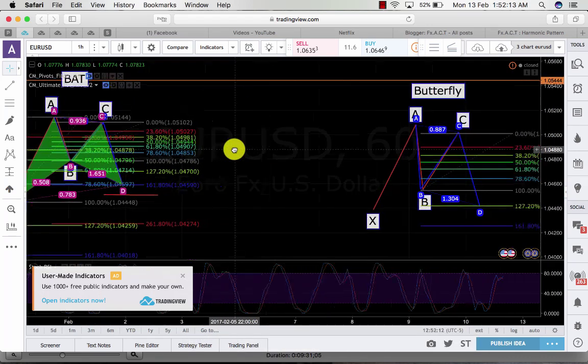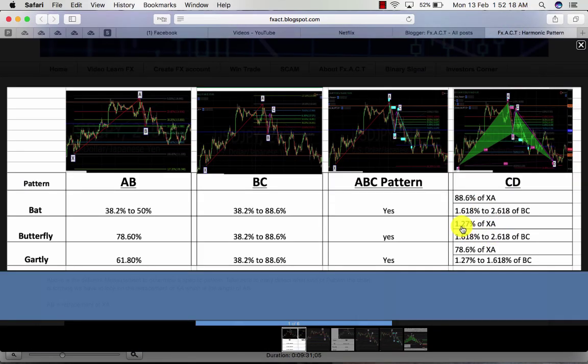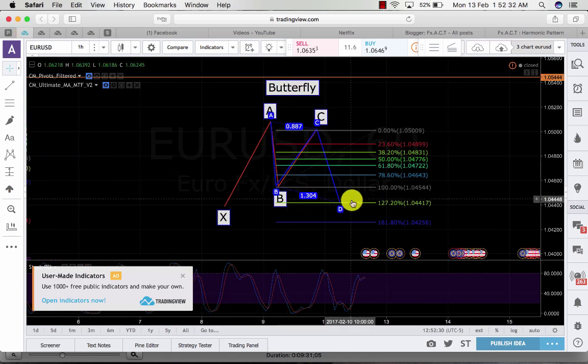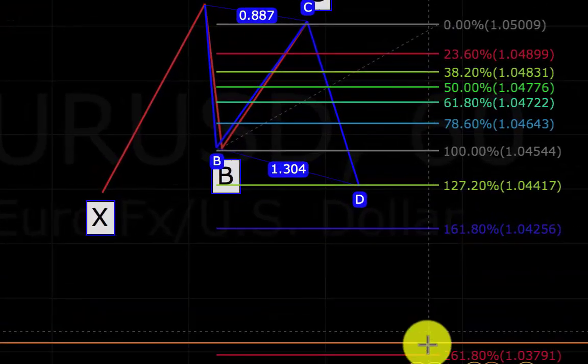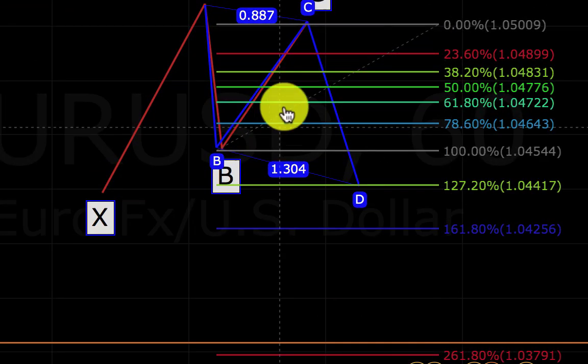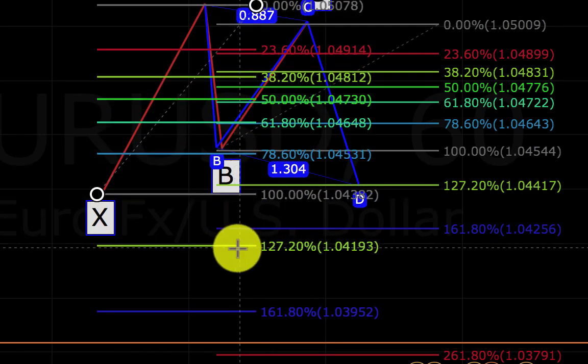And for the butterfly, it will be different. It says here it will be, again this is a typo error, 127% of XA, and it is between 161.8% to 268% of BC. So it's in between this point, 161 to 261 of BC, and we will get the 127 of XA. So the 127 is over here.